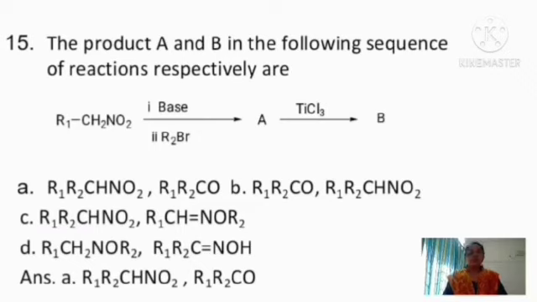So options are given: A option is R1R2CHNO2, R1R2CO. B option is R1R2CO and R1R2CHNO2. C option is R1R2CHNO2 and R1CH double bond NOR2. D option is R1CH2NOR2 and R1R2C double bond NOH.